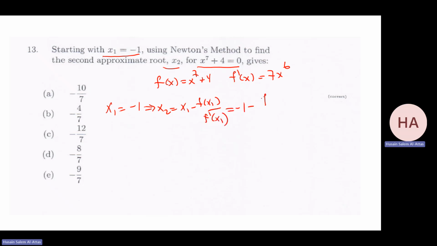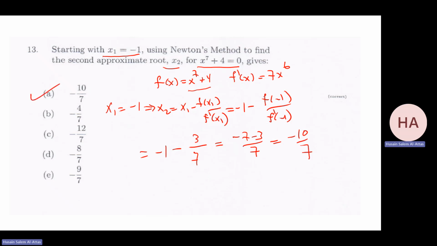That will be minus 1 minus f of minus 1 over f prime at minus 1. F of minus 1 is minus 1 plus 4, 3, over 7. That gives me minus 7 minus 3 over 7, minus 10 over 7, which is this one.